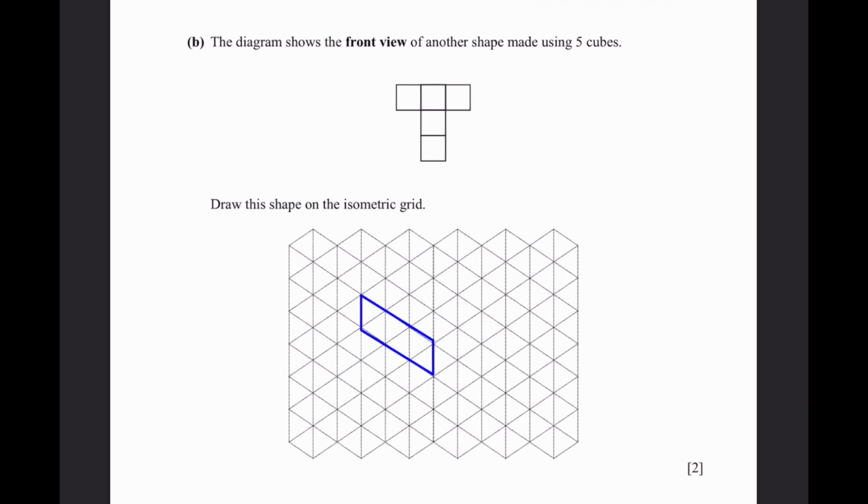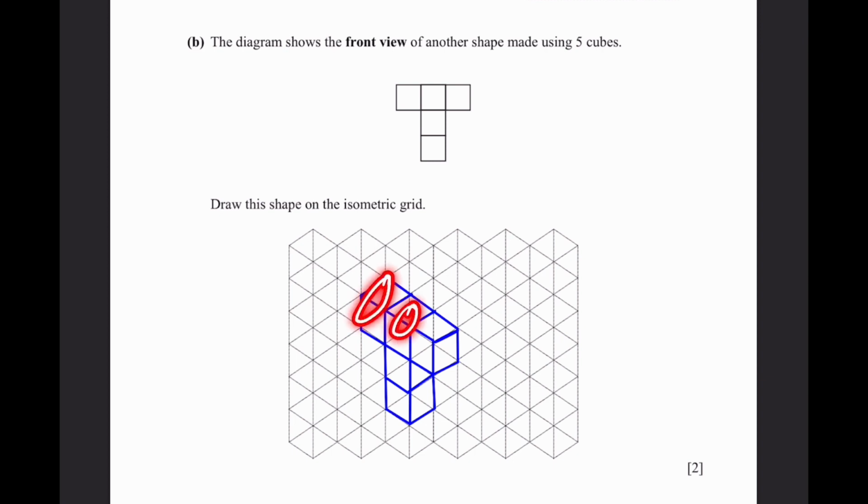There'll be 3 cubes over here. Now we finished these 3 cubes. Now we can draw 2 bottom cubes to finish the T. And that's how you draw all the 5 cubes.